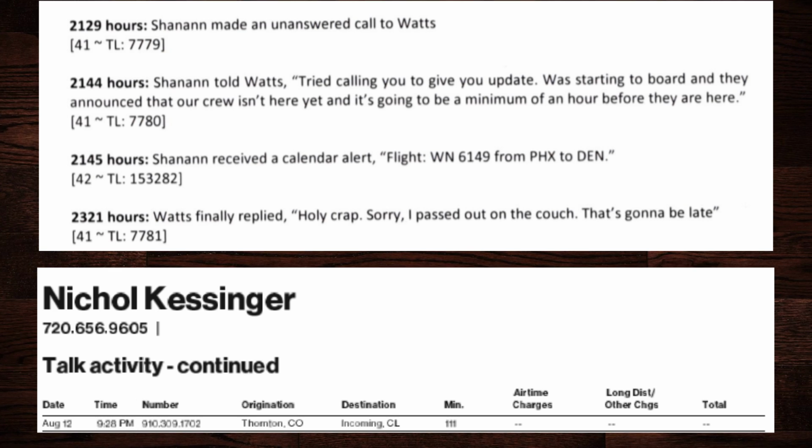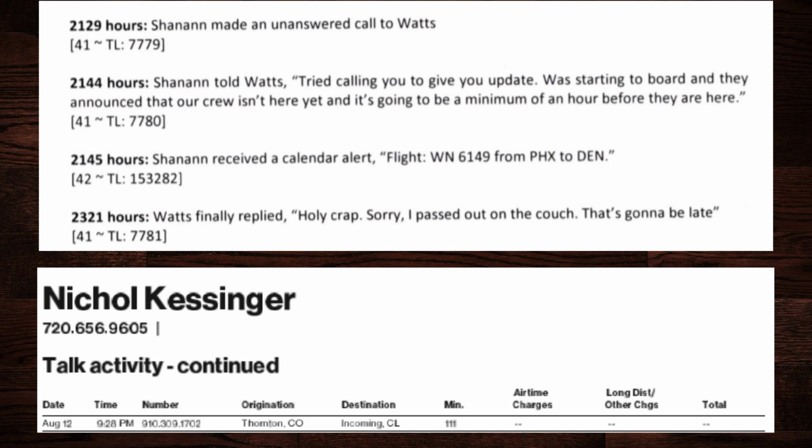So he just starts talking to her, and Shanann tries to call. He doesn't answer. Then at 9:44, she texts him, tried calling you to give you an update, was starting to board, and they announced that our crew isn't here yet, and it's going to be a minimum of an hour before they are here. So he still doesn't respond.